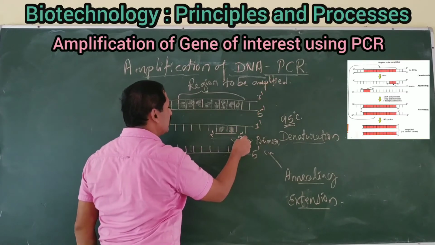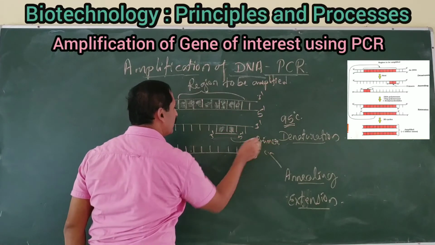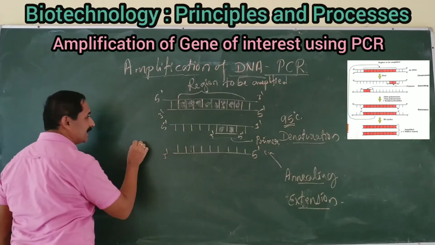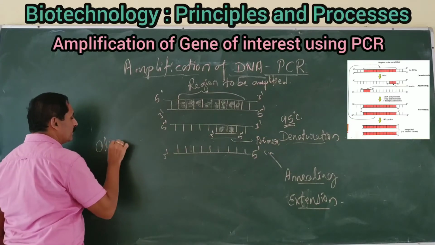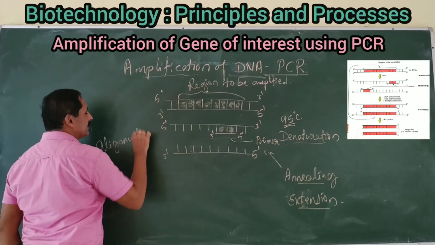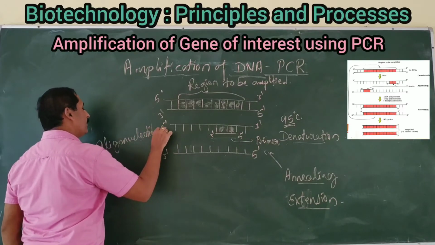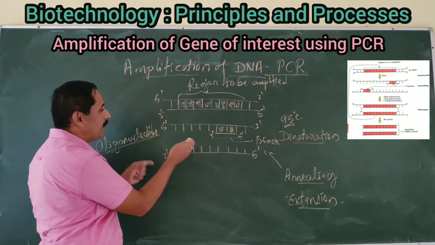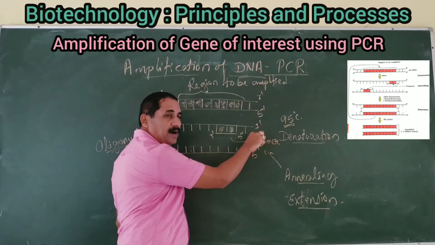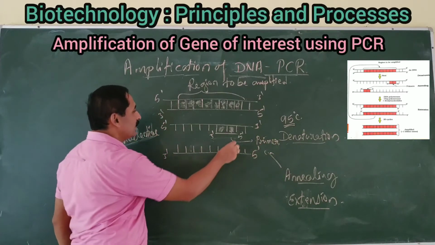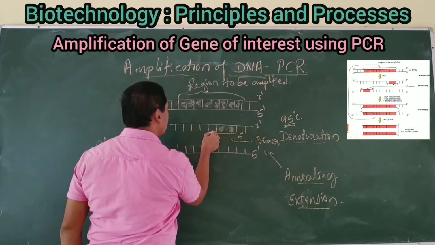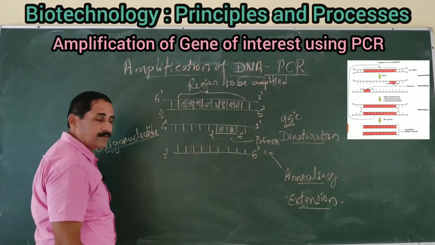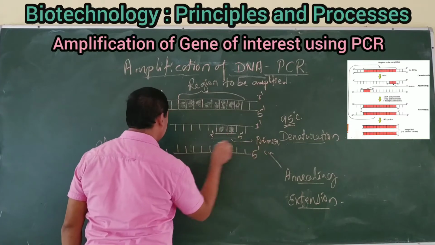In this PCR machine, we have to introduce the oligonucleotides, that is the primer, nearly 2 to 10 nucleotides that join to form a small fragment of RNA primer. So first of all, before sequencing the nucleotides of DNA, we have to add the RNA primer.